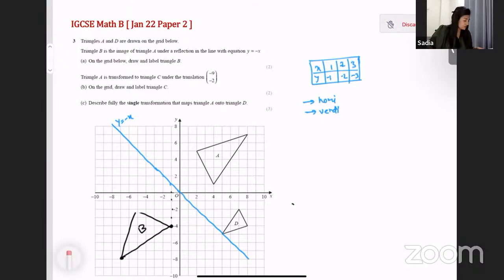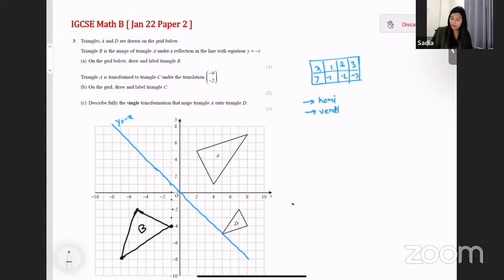Let me just cross check the coordinates for triangle B. Yeah, it's done. Correct.